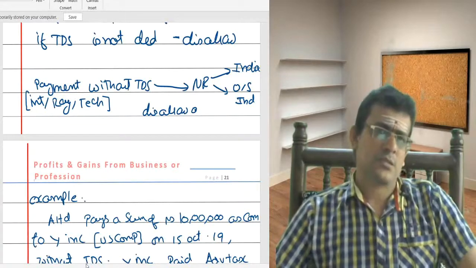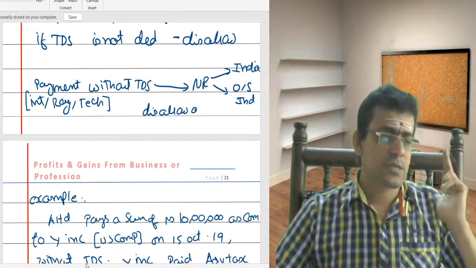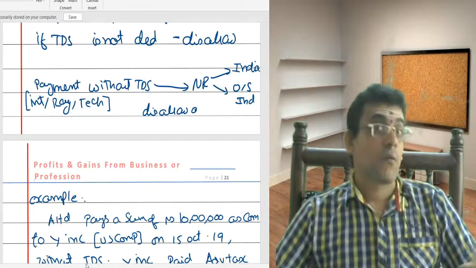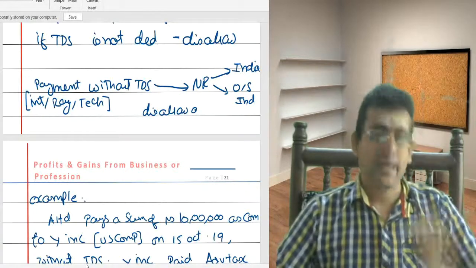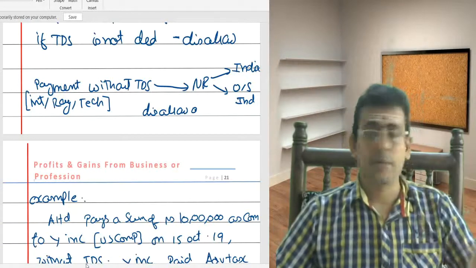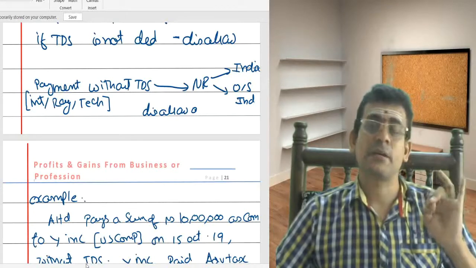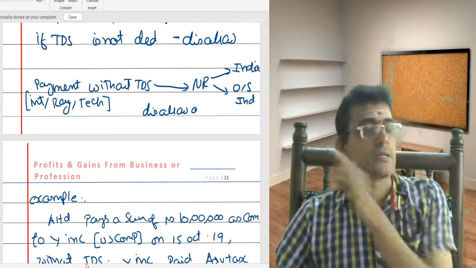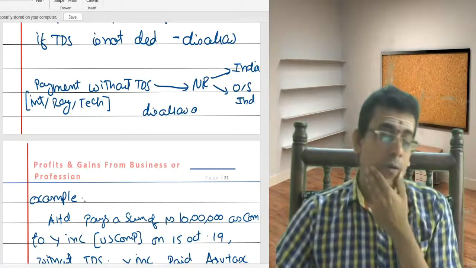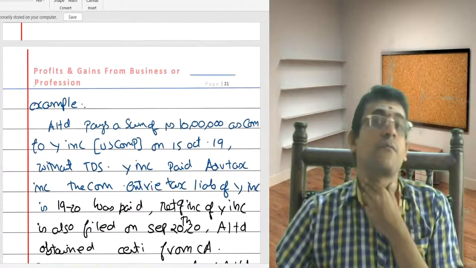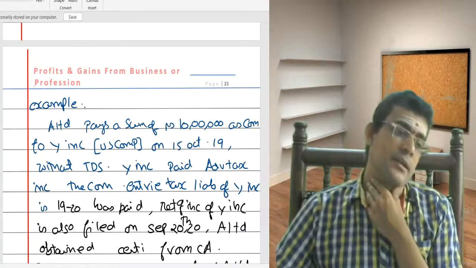One point we have discussed. The recipient, Y Limited, should pay the tax and file the income tax return. And the payer, A Limited, should obtain a certificate from a chartered accountant. If all these things are done, I can call the default rectified. Then you can take that amount as deduction.